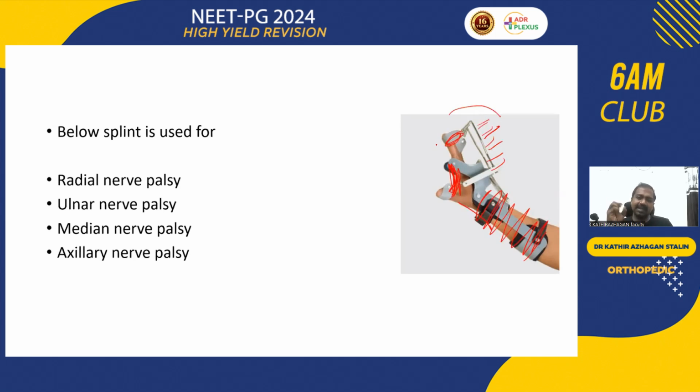So this is called a dynamic cock-up splint, used for wrist drop, because the rubber band is just replacing the extensor muscle. Now tell me, which nerve supplies the extensors of the hand? Radial nerve. So the answer is radial nerve palsy. If there is an ulnar nerve palsy, what kind of splint will you use? Knuckle bender splint.